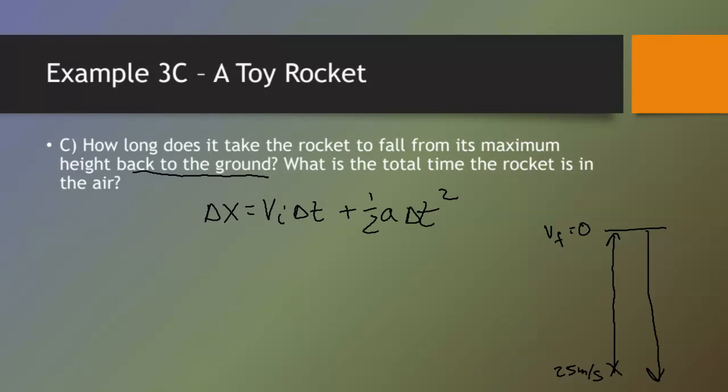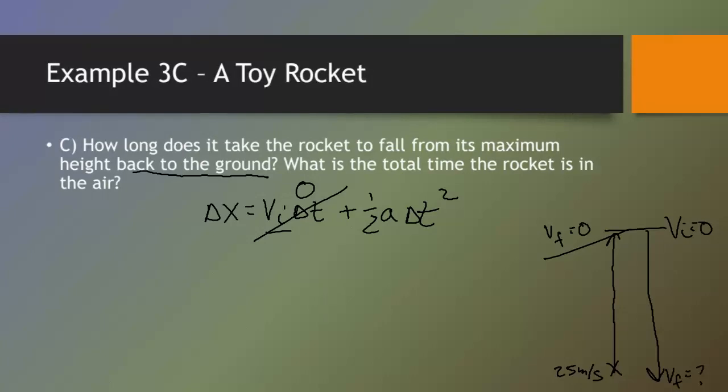Now, because we're talking about the second part of the motion, our initial velocity is different. Here, from the top to the bottom as it's falling, it starts with no initial velocity, so this is 0. And then it's going to be speeding up until it reaches some final velocity on the ground.